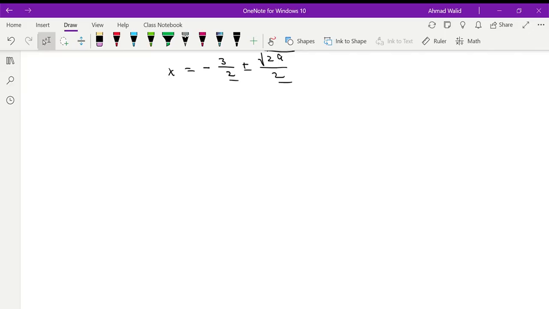One more thing that I want to add for you here: every time you will not end up with a quadratic equation where the coefficient of x squared is 1. Sometimes the coefficient of x squared is not 1, correct?